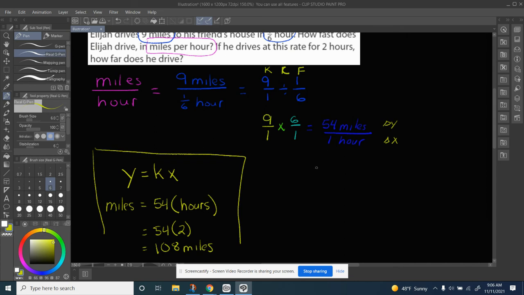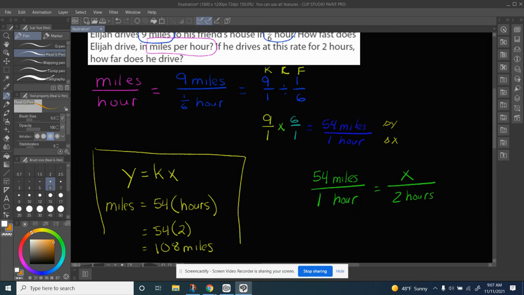I can also do this using just a straight proportion. So I could set this up by saying 54 miles, and I'm just doing the same problem, for 1 hour is equal to some number of miles in 2 hours.